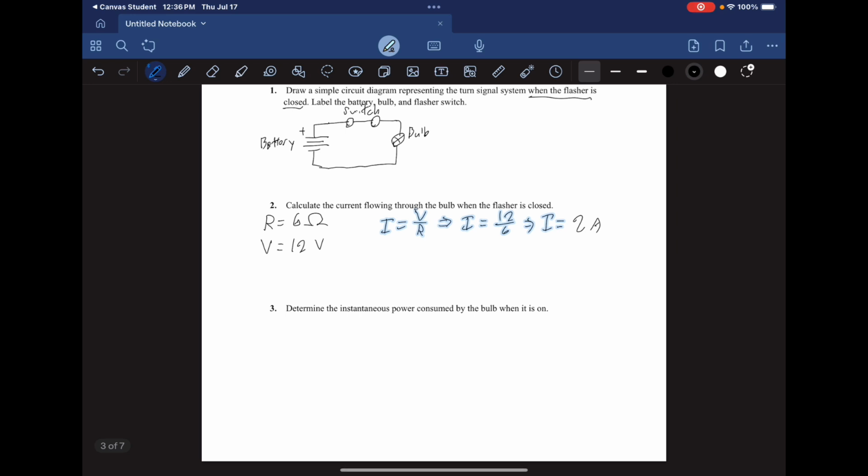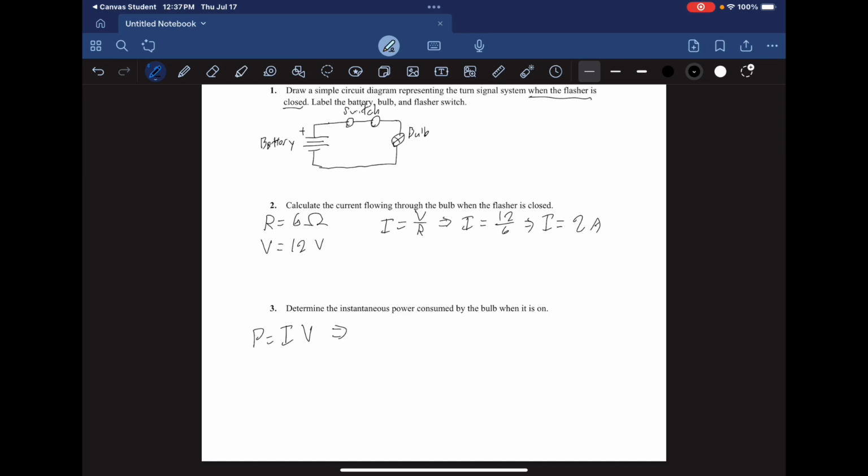So now it wants the instantaneous power consumed by the bulb when it is on. First thing I like to do is write down the equation for power given the things that I have. From question 2, I now have voltage and current and resistance. So I can really use any of the equations for power. I'm just going to use the most simple one, which is P equals IV.